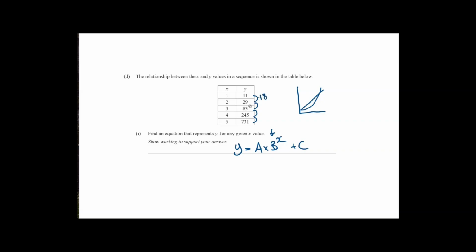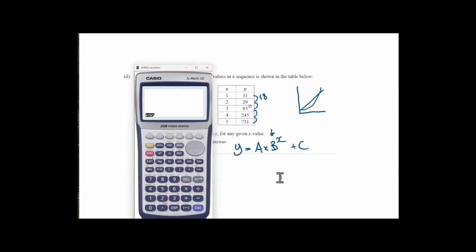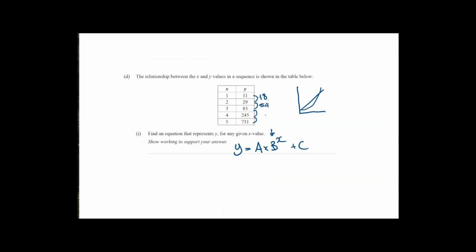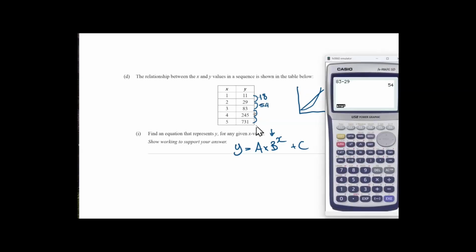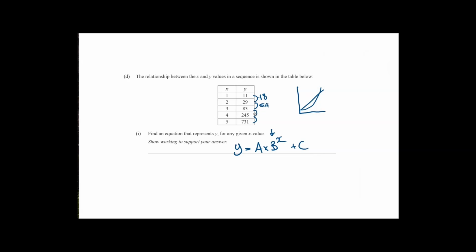And if I grab my calculator, 83 minus 29 is going to be 54. And then 245 minus 83, we're going to get 162.